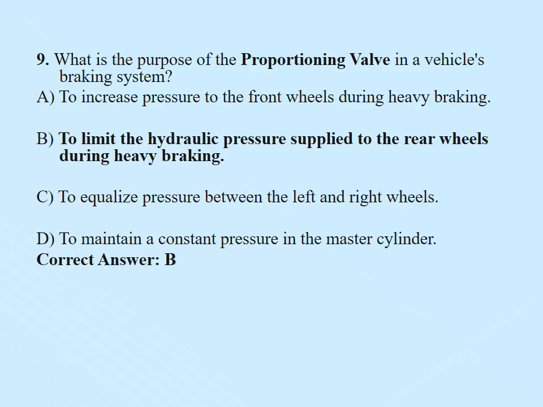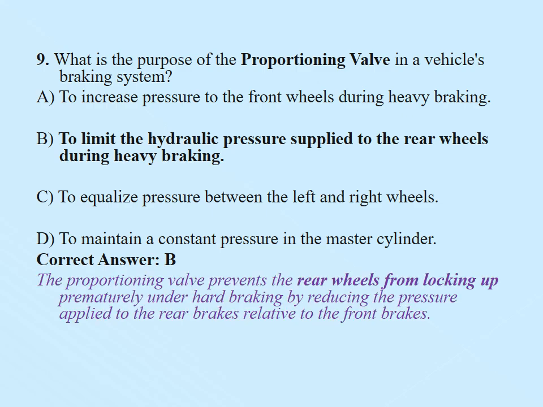Correct answer is B. The proportioning valve prevents the rear wheels from locking up prematurely under hard braking by reducing the pressure applied to the rear brakes relative to the front brakes.